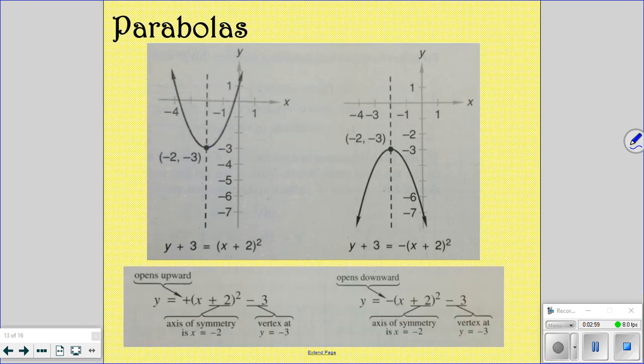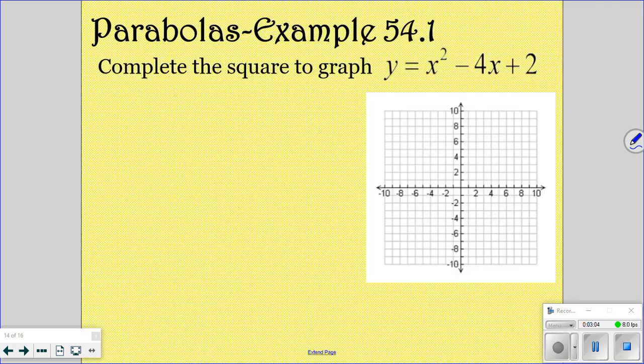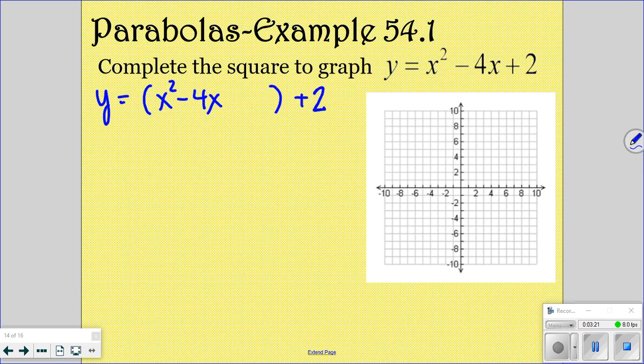So let's look at an example. I just went over those equations. We want to complete the square to graph these, to put it into vertex form. So the way you do this, you're going to group the x squared and the -4x in parentheses, leave a space, and then put the 2 outside of the parentheses.